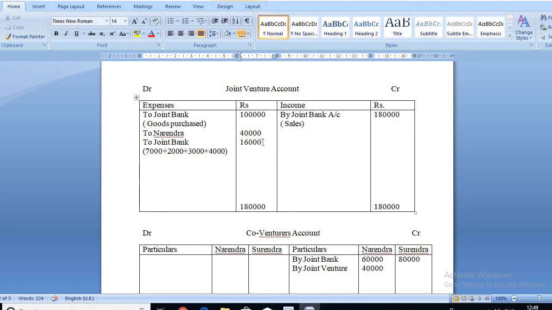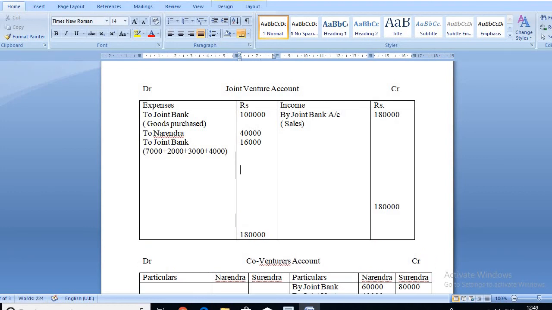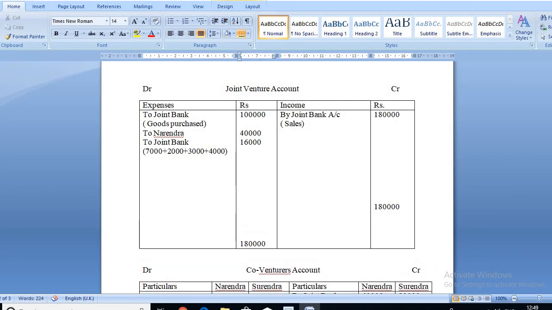What's the balancing figure? On the debit side the balancing money is 24,000. This 24,000 is considered as profit. So to profit on joint venture.